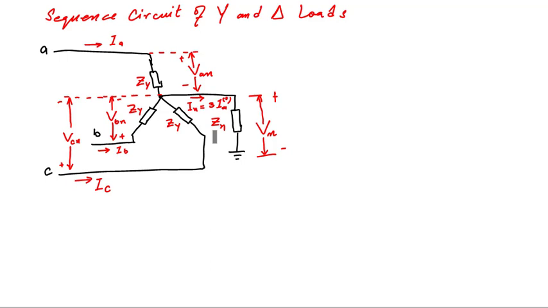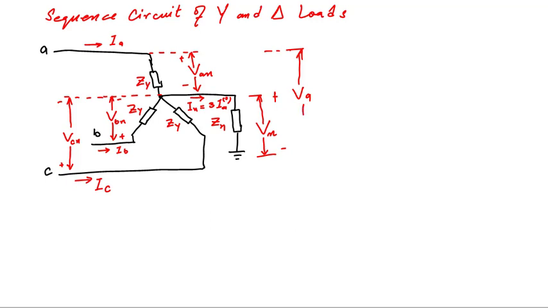But it is not the case in unbalanced condition when neutral is connected to ground through an impedance, because now the voltages between phase and neutral, VAN, VBN, VCN, will be different from the voltage between phase and ground. To denote the voltage between phase and ground, we use a voltage with single subscript. So the voltage between phase A and ground we write as VA.